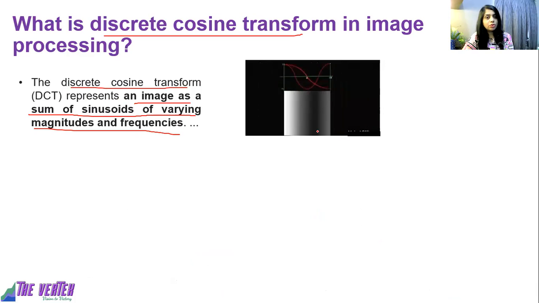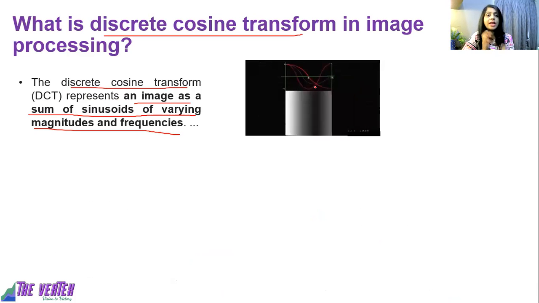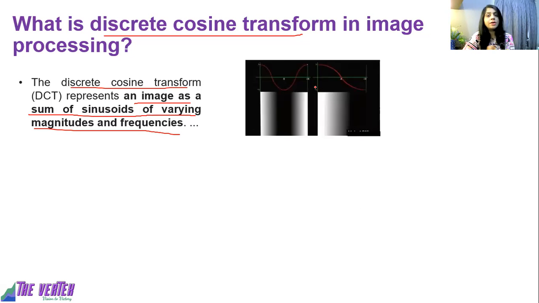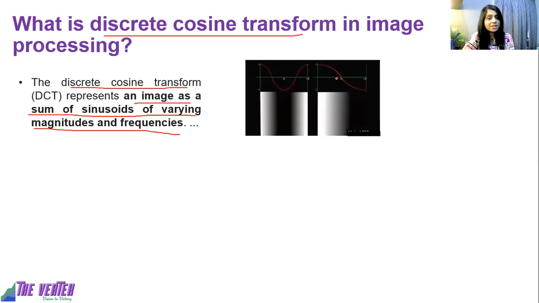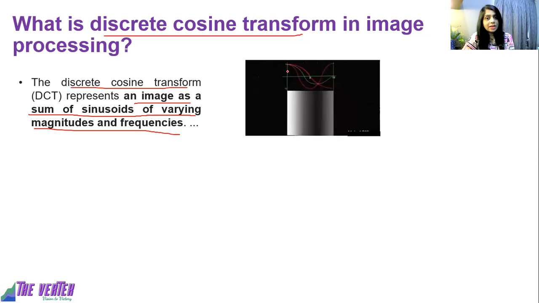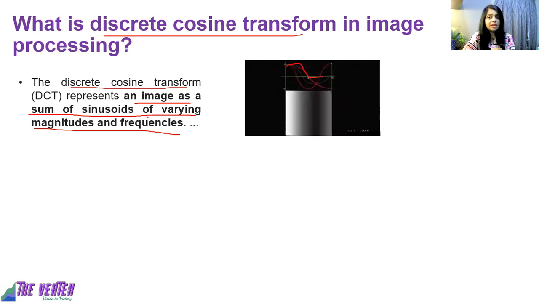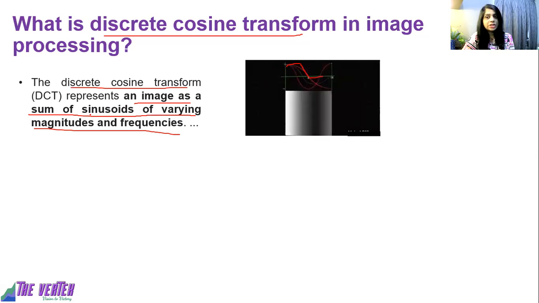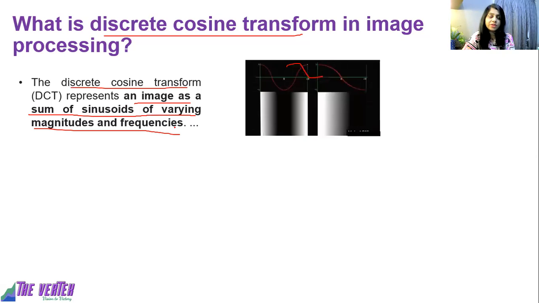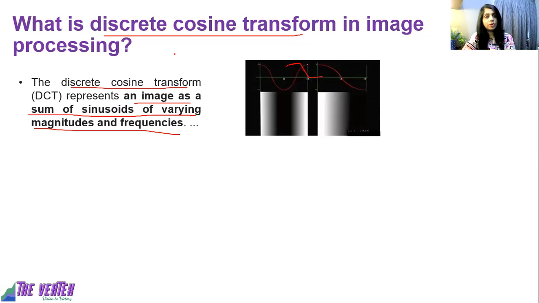You can see here one sinusoidal signal, this particular yellow colored signal, is shown. It is nothing but the addition of two sinusoids of varying magnitude and frequency. And the same is the job of discrete cosine transform.